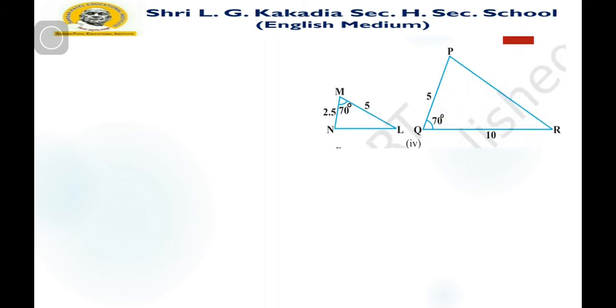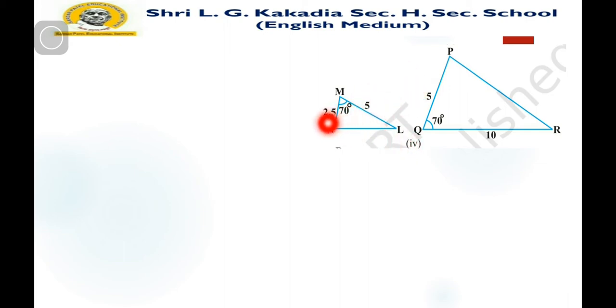Here you can see that M corresponds to Q, the 70 degree angles are equal, and we can take ML upon QR, 5 upon 10, that is 1 upon 2, and MN upon QP, that is 2.5 upon 5, that is half.